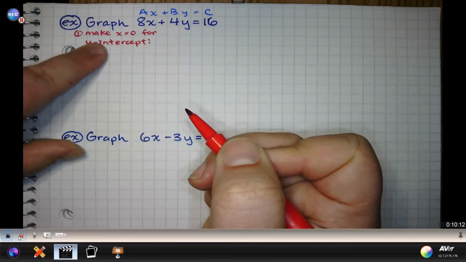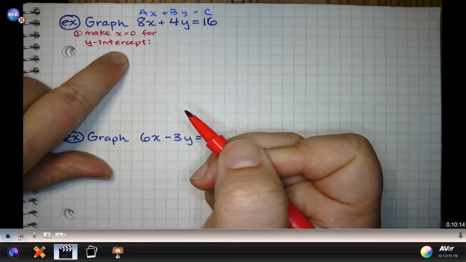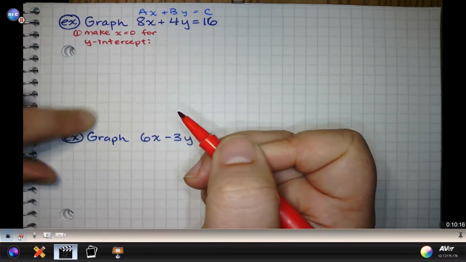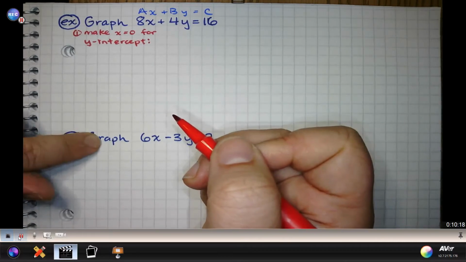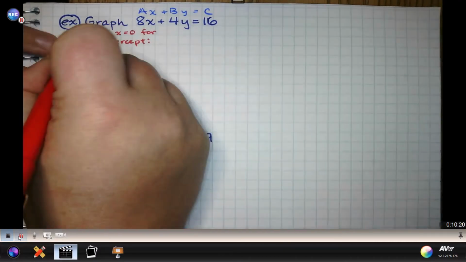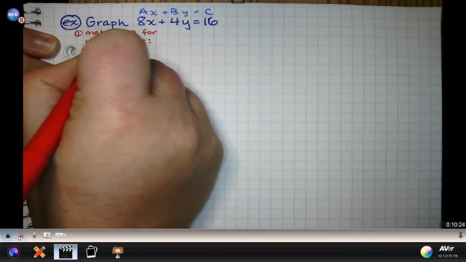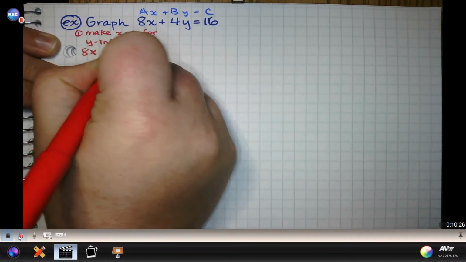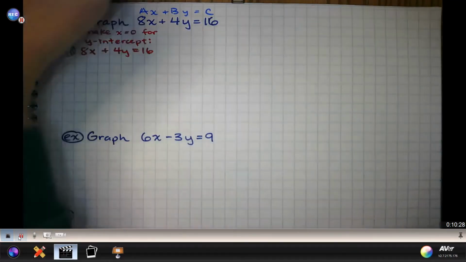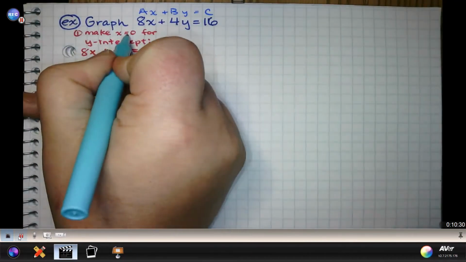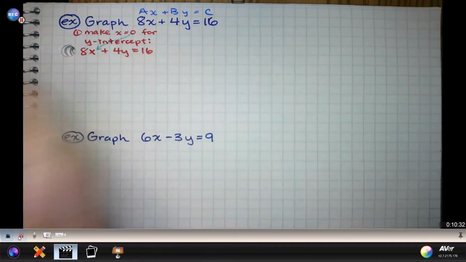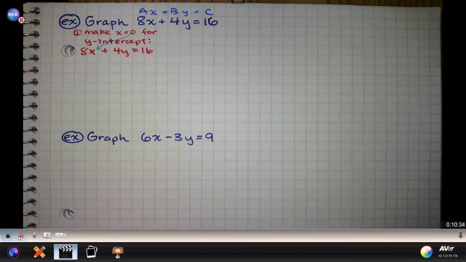So by putting in 0 for x, you're going to find the y-intercept because the point is always 0, comma, the y value. So first thing I like to do is just rewrite the equation as is, 8x plus 4y equals 16. Then we're going to take the 0 and plug it in for x.